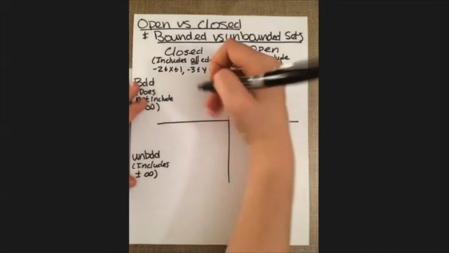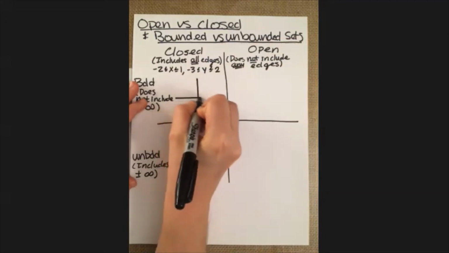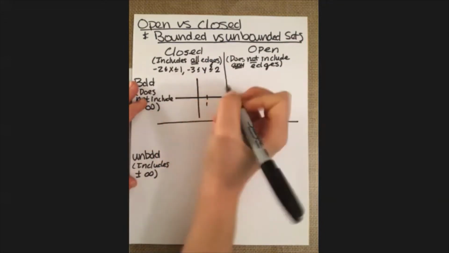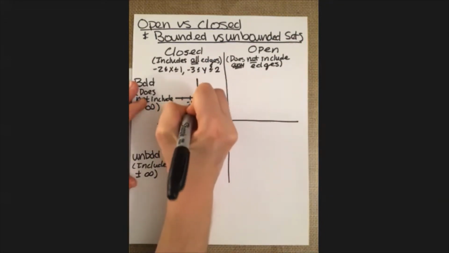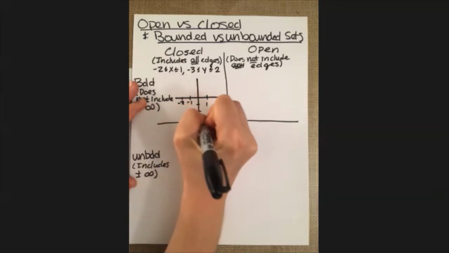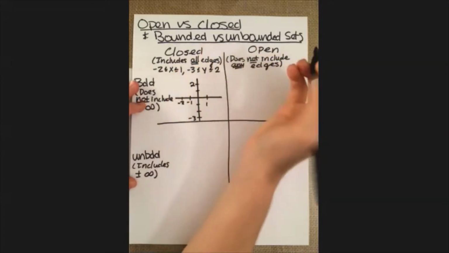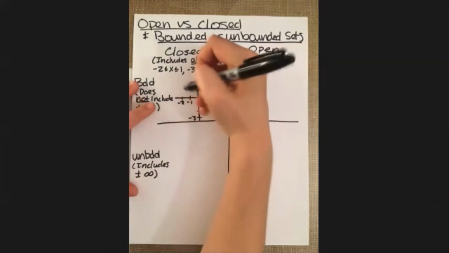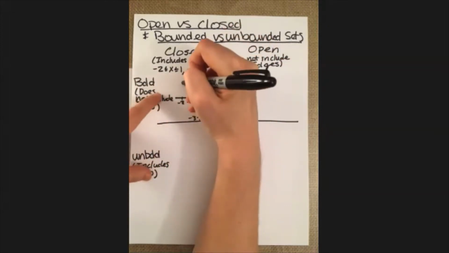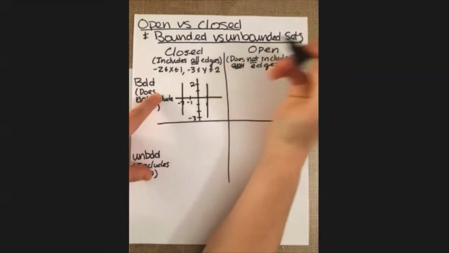If we wanted to draw a picture of this, it would look something like this. So 1 would go here, -1, -2. Okay, so x would be between -2 and 1. So I'm going to have solid lines here because x is between those values.